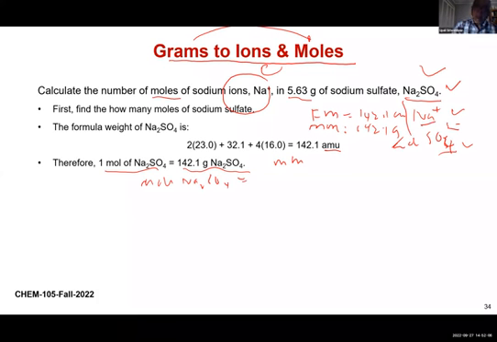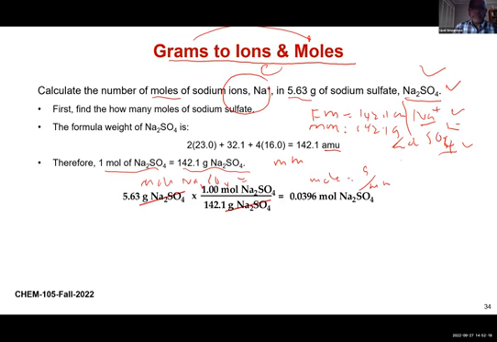Remember, we wrote last time that moles is grams divided by molar mass. Therefore, we write down this equation. This is moles, and this is 1 over molar mass right here.